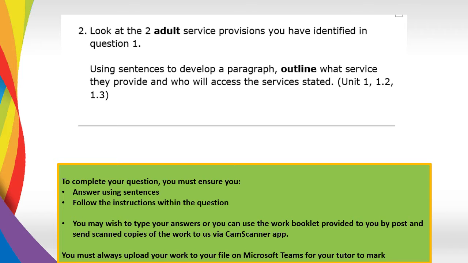If you wrote about a GP on question 1, then you need to write about a GP on question 2. You should have 2 examples from question 1 that you'll now give me more information on in question 2. Please pause this video here so that you can complete that question.